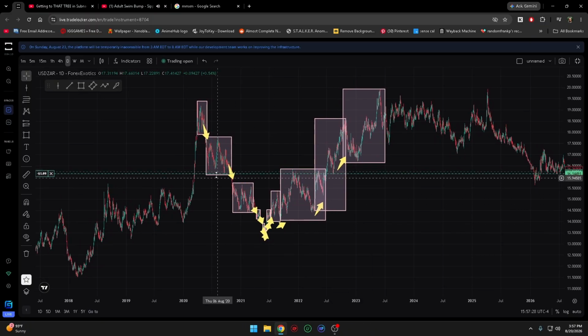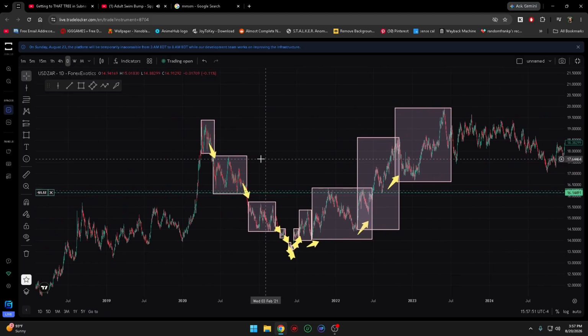And the reason I can say that is because price does the same thing on every time frame. Okay, price. So what's causing this to move like this then?